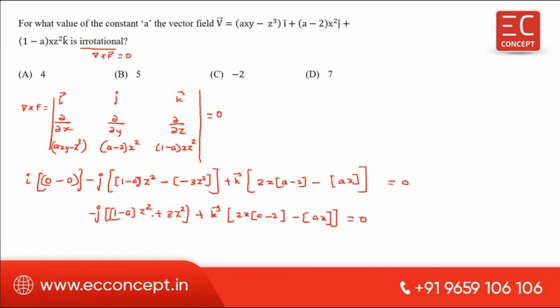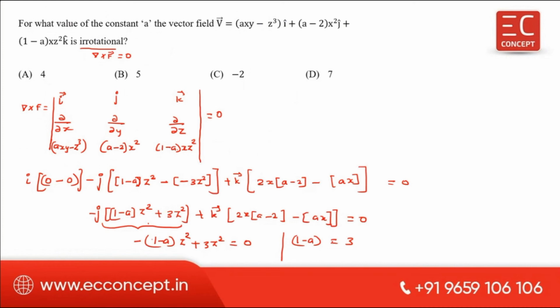So you have to equate any one of the terms to get a. So I have to equate this one. Therefore equate 1 minus a z square plus 3 z square, which is equal to 0, taking any one of the terms in order to find out a. So this is 1 minus a, which is equal to 3.